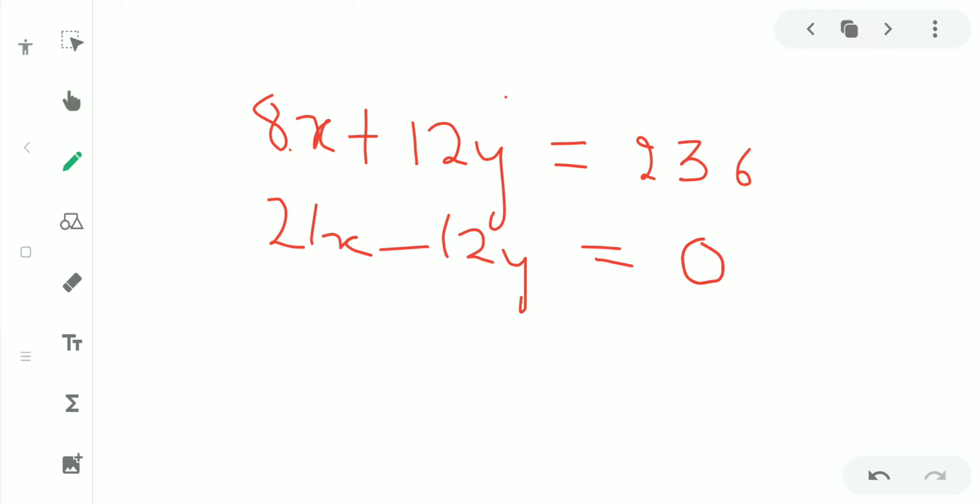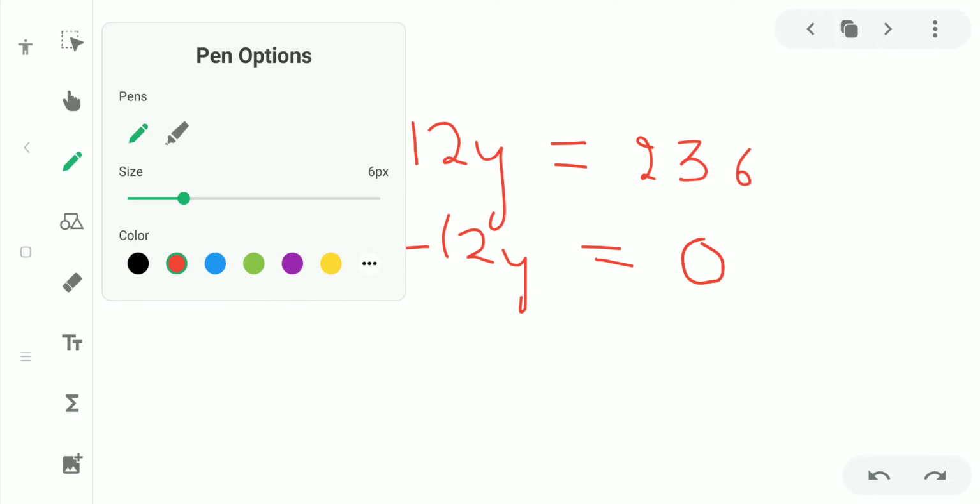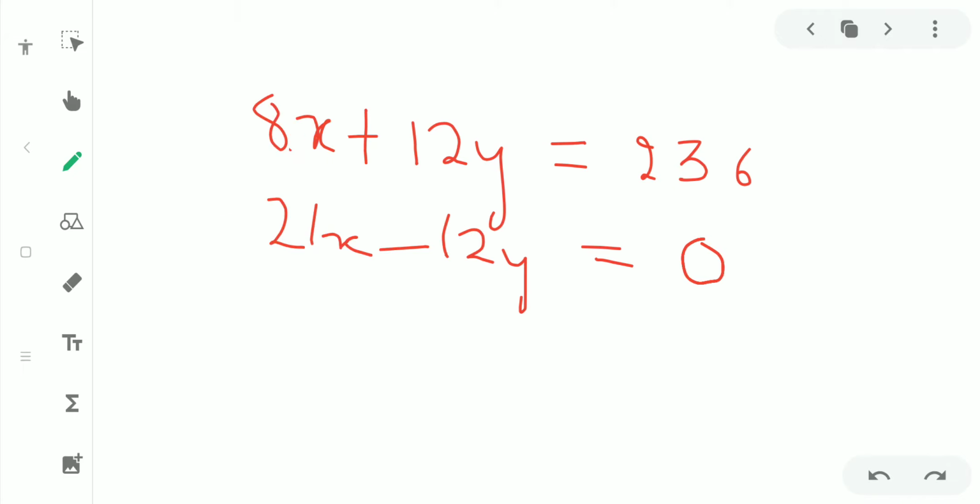So 12y and minus 12y get cancelled. There is no need of changing any signs because it is plus and minus, so they get cancelled. So here 21x plus 8x, nothing but 29x, is equal to 236.